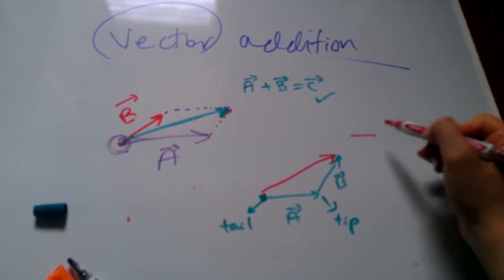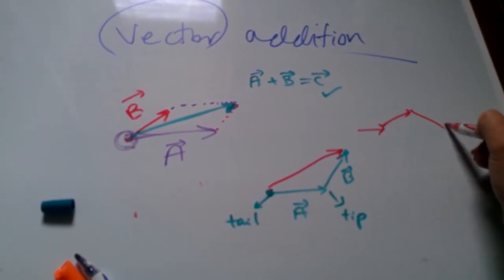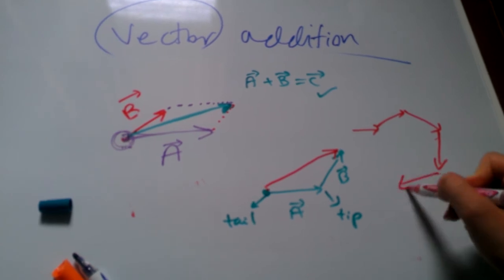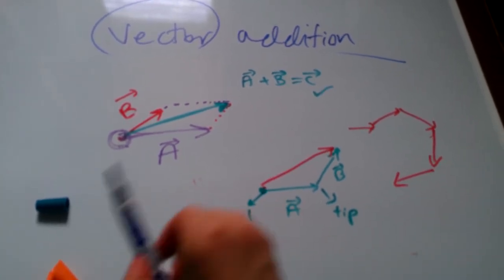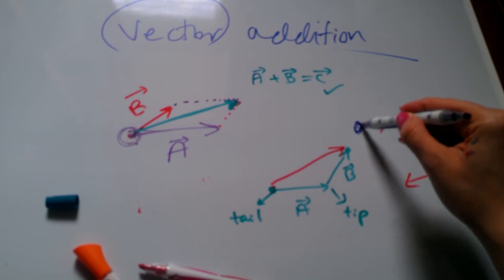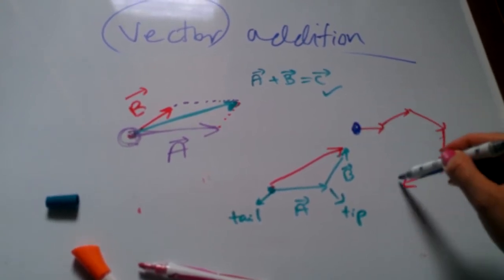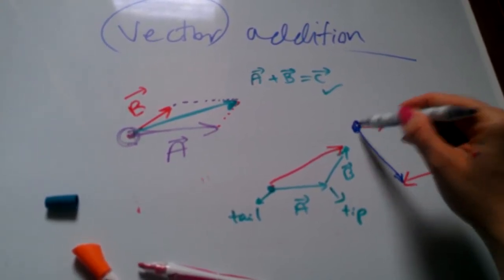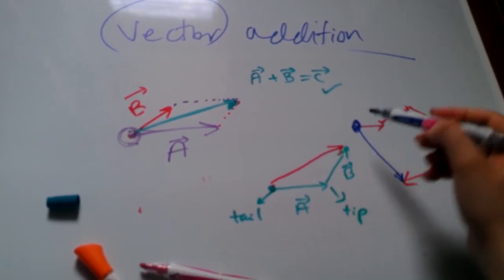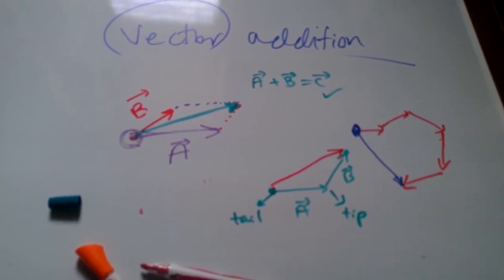Please note that you can have a lot of vectors this way. However, the resultant vector is the tail of the first and the tip of the last. This is the resultant for this one.